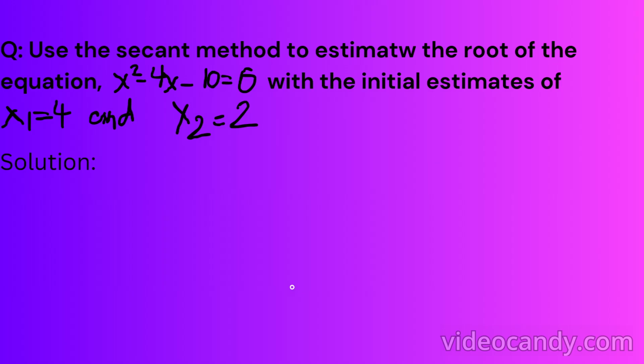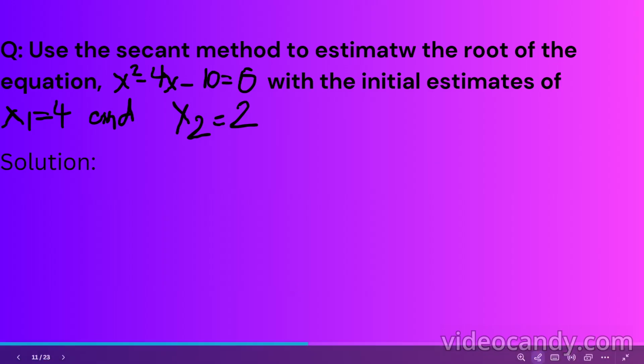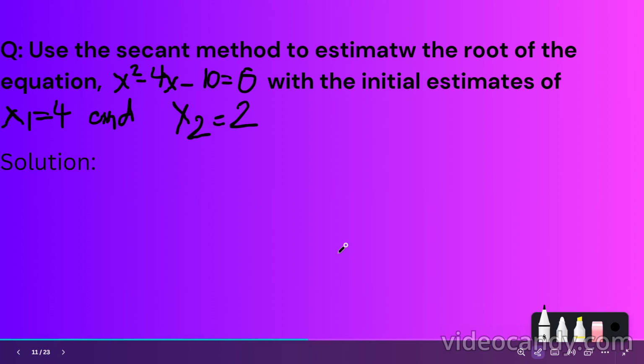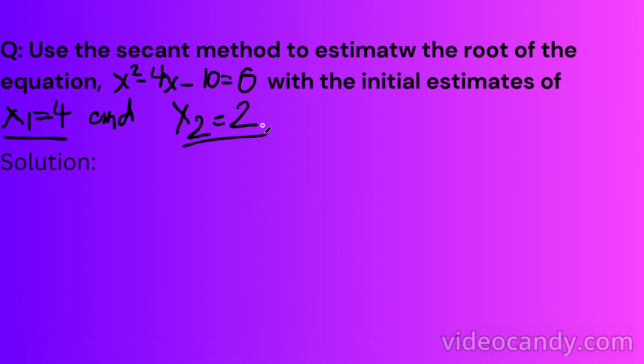As for the solution, given x1 is 4 and x2 is 2. So f of x1 is 4 square minus 4 times 4 minus 10, equal to negative 10.